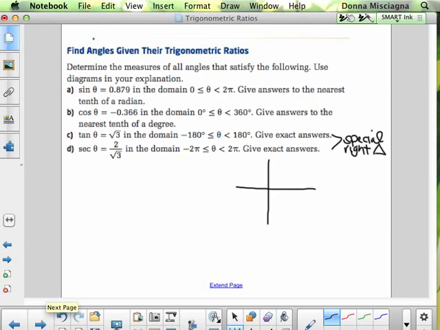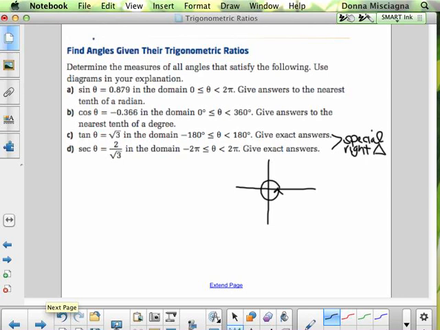For a moment, let's ignore the negative 2 pi part and just think 0 to 2 pi, and then we'll come and get those. This just means we're going to have more answers rather than fewer answers, since we're going to go all the way around the circle in one direction.